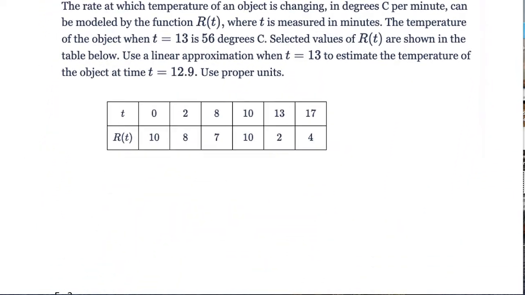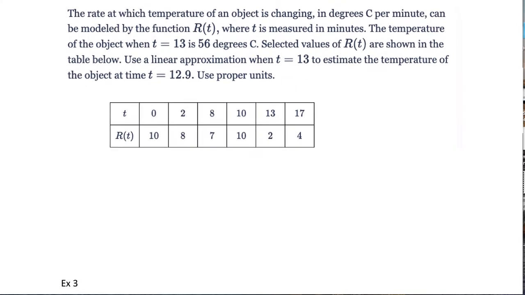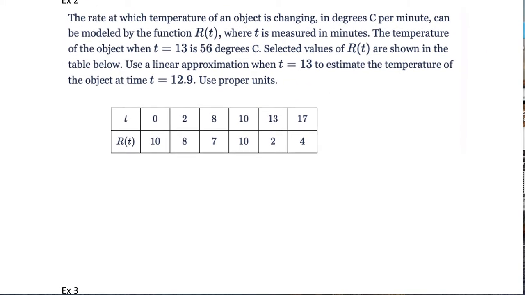Okay, so let's take a look at this thing. The rate at which the temperature of an object is changing is in degrees Celsius per minute. So the rate can be modeled by this function. The temperature of the object at T equals 13 is 56 degrees.